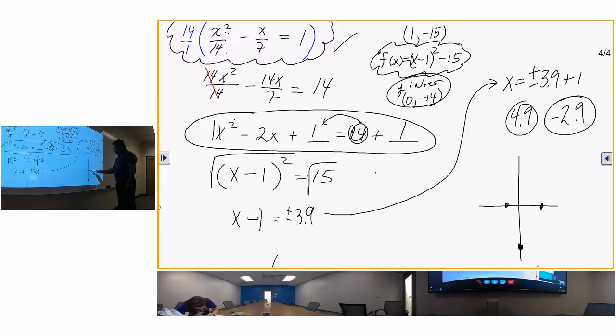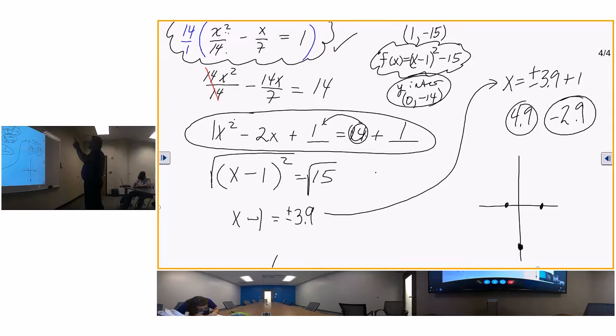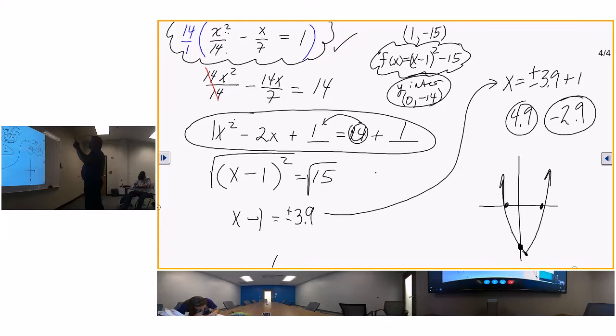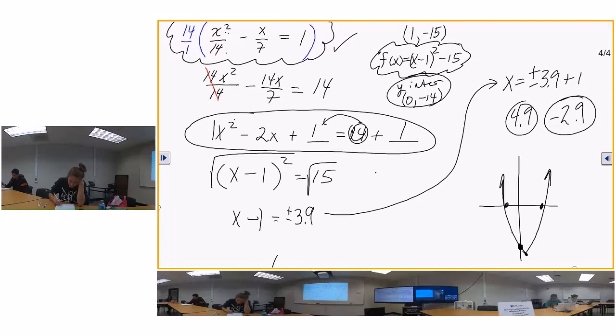And our vertex is 1 over and 15 down. That's what it looks like.